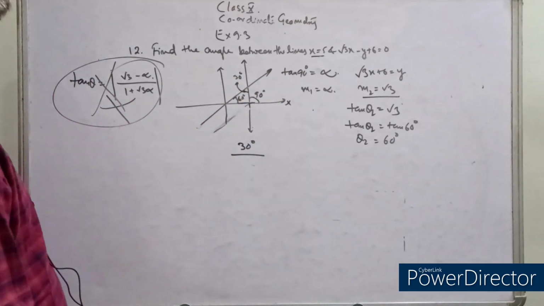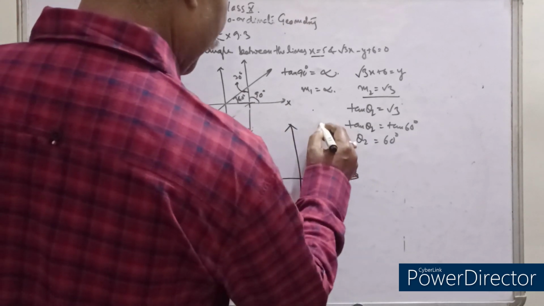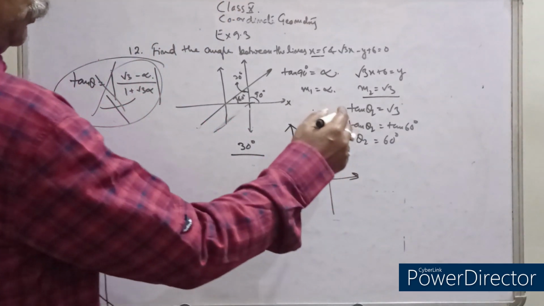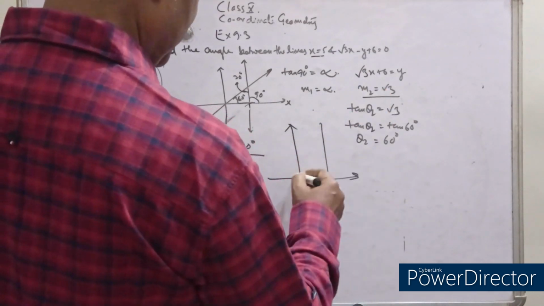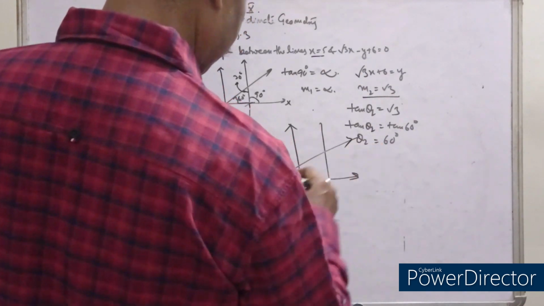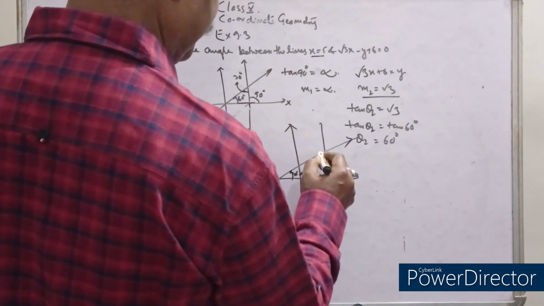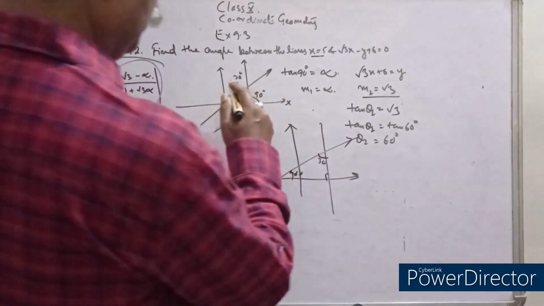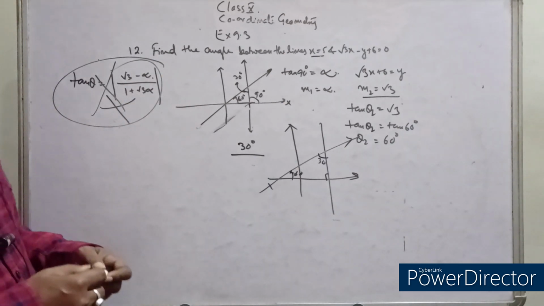Do not be confused about how to draw this line, this is x is equal to 5. To draw the 60 degree slope line, you can draw any line like root 3 x, you take like this. This is 60 degree, it is in anti-clockwise direction. This is 90 degree, this is 30 degree. So you have to draw this graph, and then only you can give this answer.